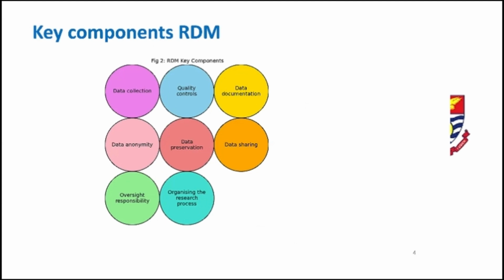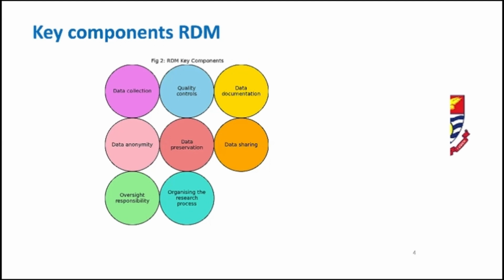Then there is a need to incorporate quality controls. This is to safeguard data integrity and minimize the incidents and impacts of errors. Data documentation, as another key component, is important for activating a seamless workflow and also for accurate interpretation of the outcome of the research.